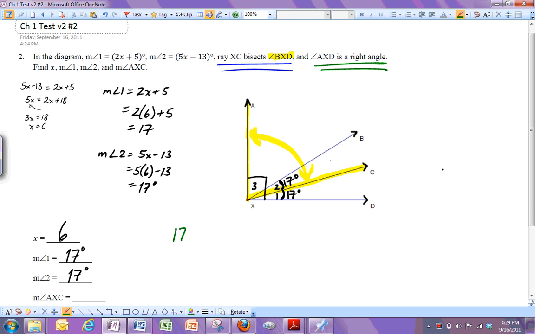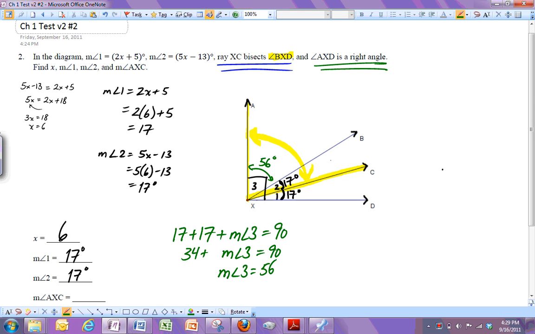So let's do 17 plus 17 plus whatever angle 3 is equals 90. So that's 34 plus angle 3 equals 90. And if I subtract out the 34, I'm going to get 56. So now I know angle 3 here is 56 degrees.